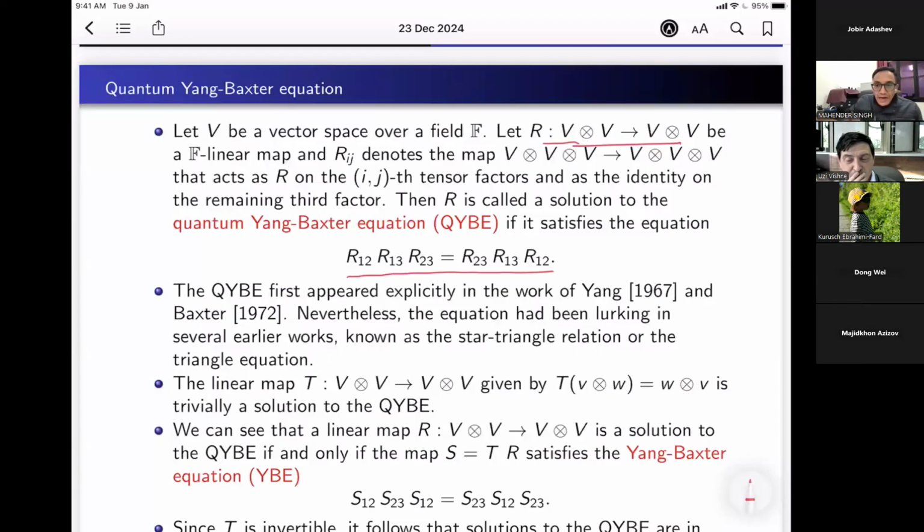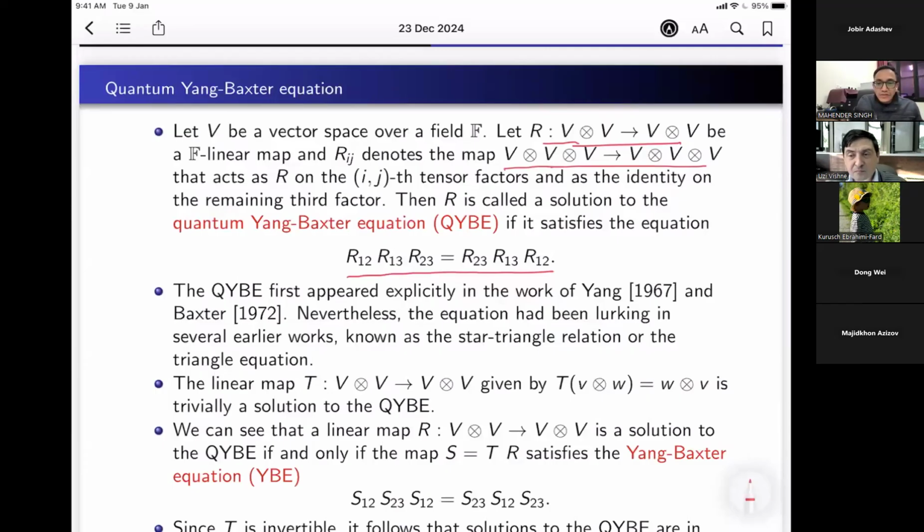Here Rij means it acts as R on the ith and jth factor and identity on the third factor. So this is an equality of operators on the three-fold tensor product. Any linear operator satisfying this is called a solution to the quantum Yang-Baxter equation.